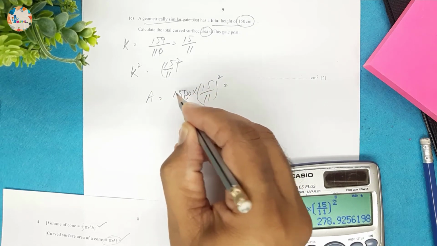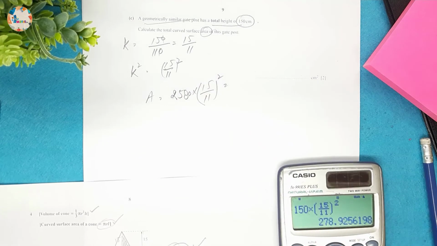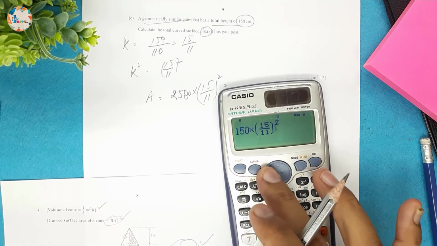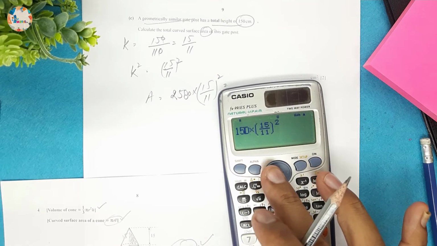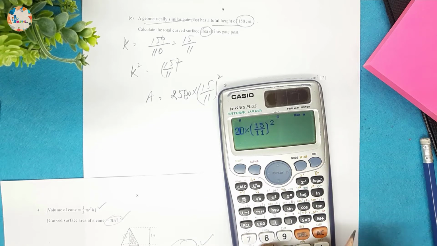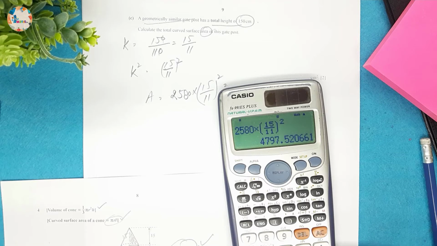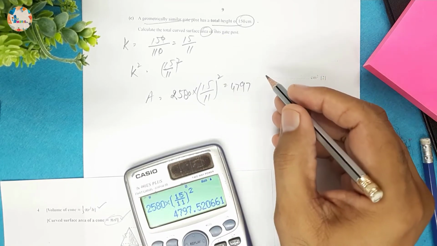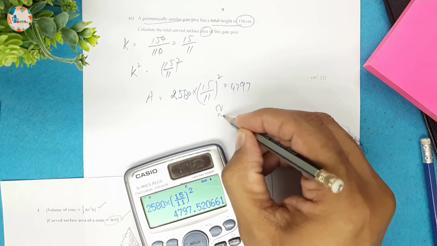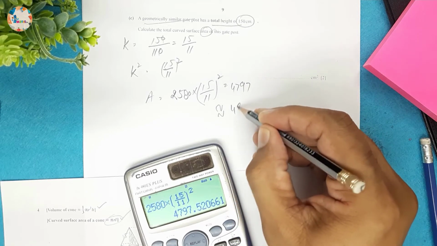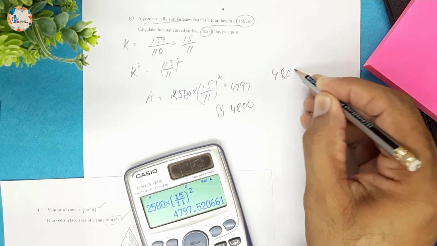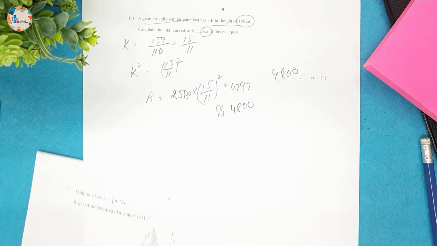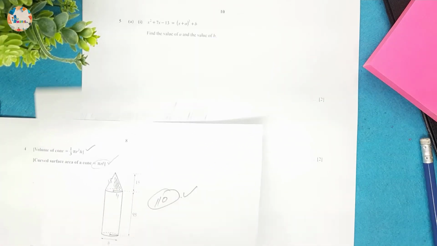So I will change this one to 2580 and multiply this, and this will be equal to 4797, and the rounded answer we can write as 4800. So 4800 will be our final answer for this question.